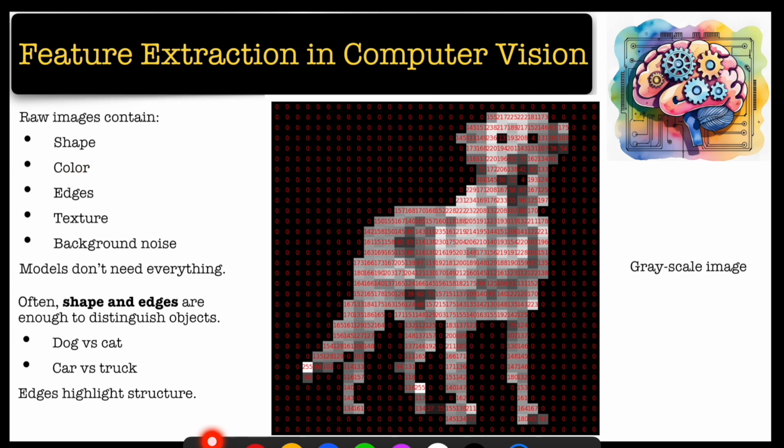Often shape and edges are enough to distinguish objects. Let's say this is a grayscale image with pixel intensities, and it is enough for a computer to tell that this is a dog image. Edges highlight the structure.